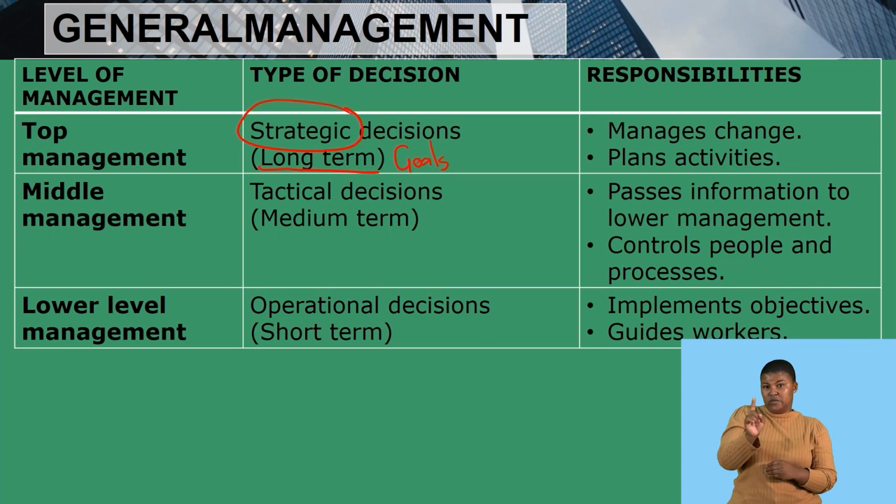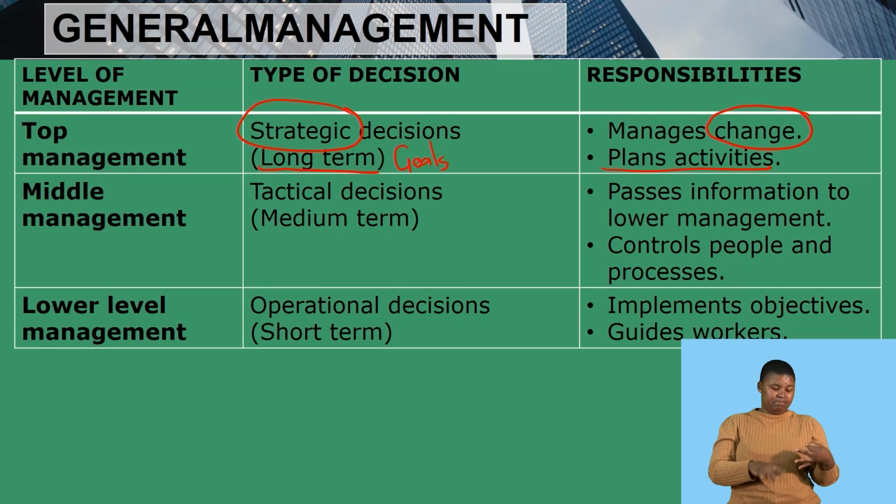If we break that decision up into responsibilities, we say that the top management will plan the activities, and then anything that may change in our micro, market or macro environment that can have an influence on us reaching our goals, it is top management's responsibility to manage that change and ensure that it has a minimum effect on our business. So top management makes strategic decisions.